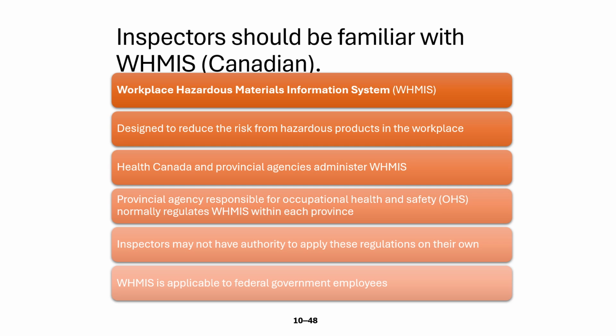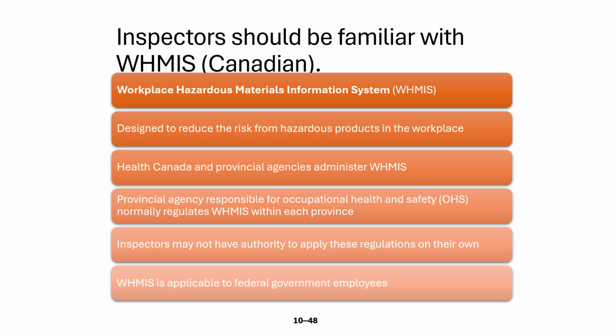All right. As we continue to talk about what they do in Canada, the Controlled Product Regulations under the Hazardous Products Act establishes the Workplace Hazardous Materials Information System, WHMIS. It's designed to reduce the risk of hazardous products in the workplace. Health Canada and provincial agencies administer WHMIS, and provincial agencies responsible for occupational safety and health normally regulate within their own province.